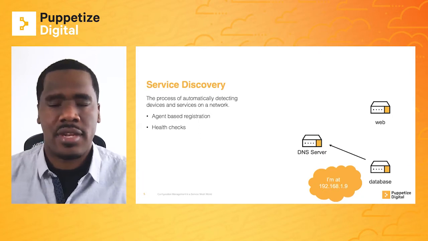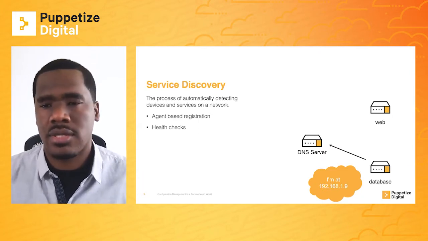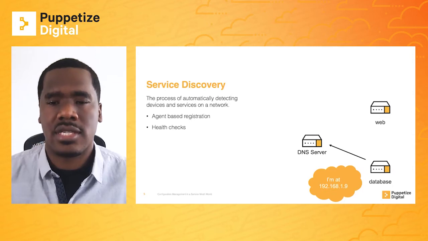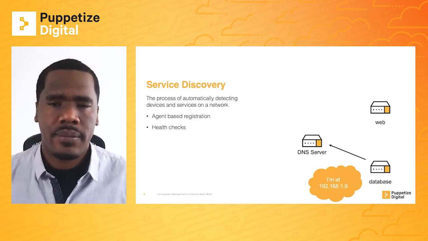If the database is in a container and it comes and goes on a whim, it may not necessarily be at the same IP address the next time it comes up, or in the case of a web server or an application server.